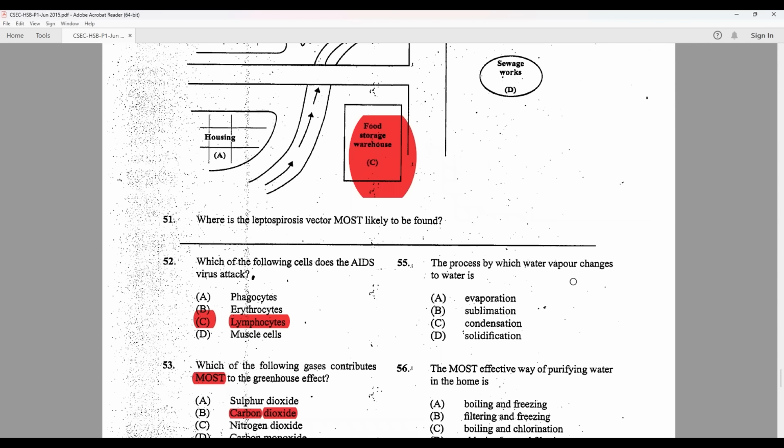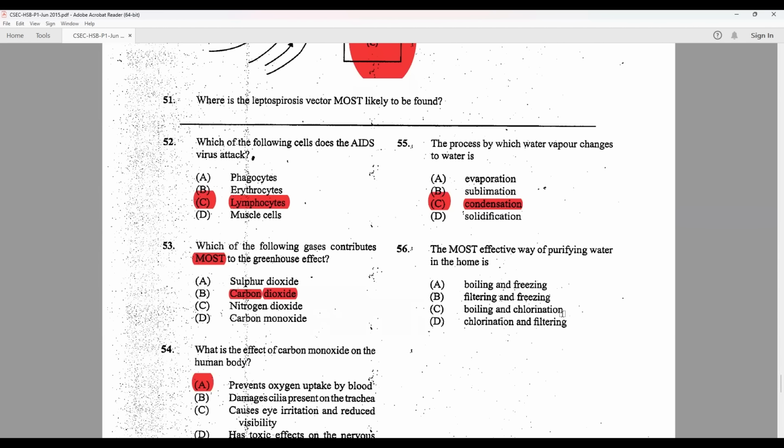55, the process by which water vapor changes to water. That process is condensation. The most effective way of purifying water in the home is what? Boiling and freezing, filtering and freezing, boiling and chlorination, chlorination and filtering.